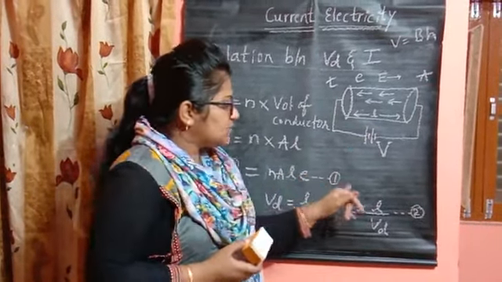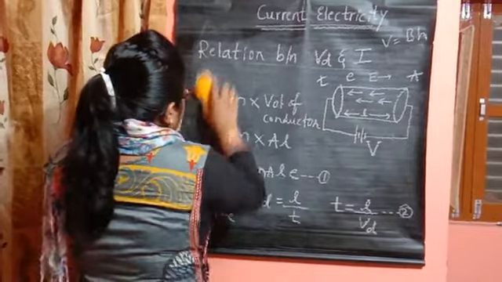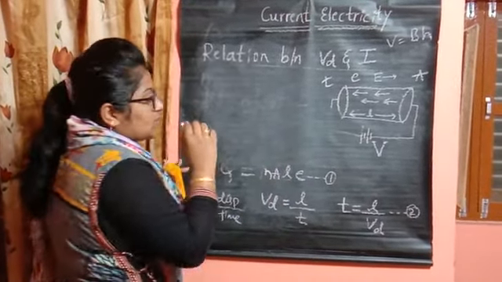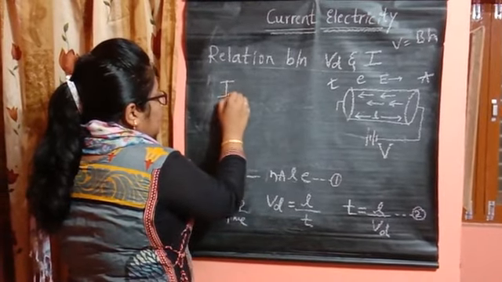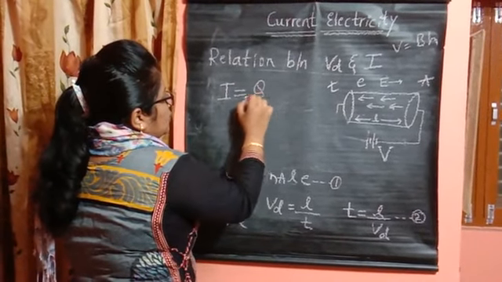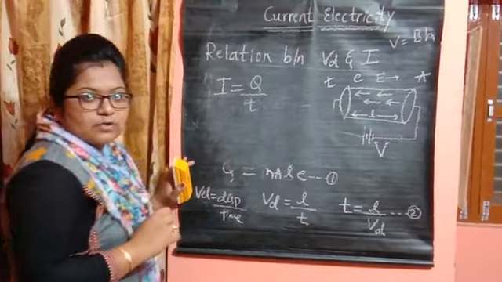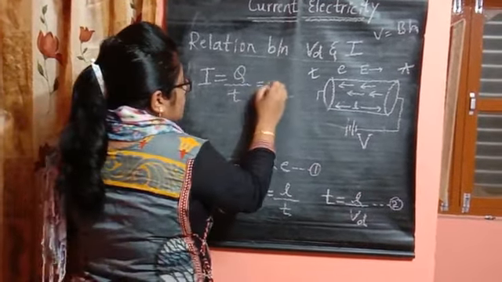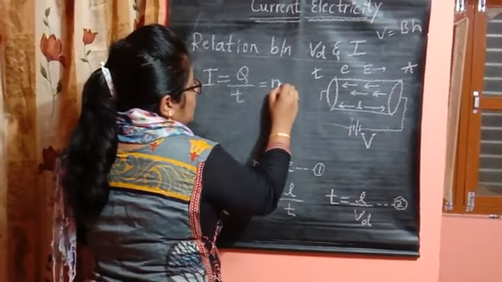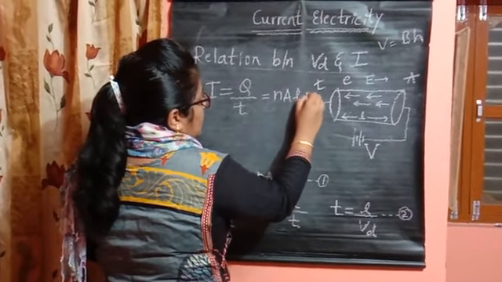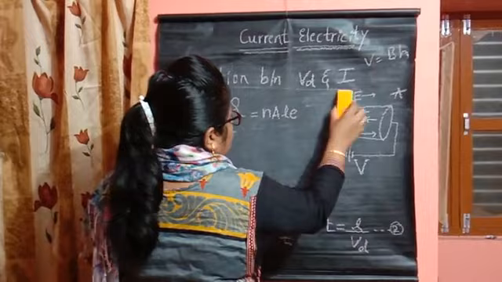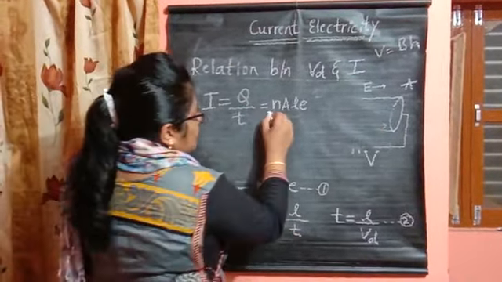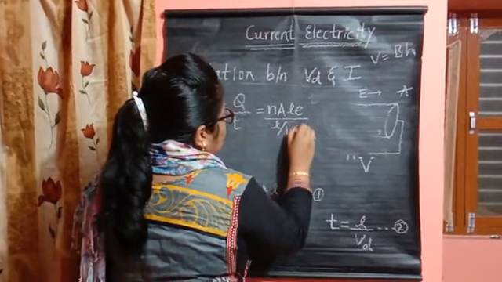By using these two equations, we can obtain the total current of the conductor as Q divided by t. Q is nothing but N A L E, and t is L divided by Vd.